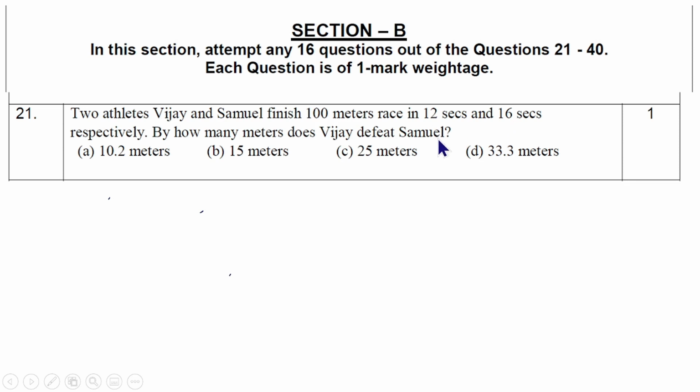So if we are able to find the distance travelled by Samuel during this difference of time, that is 4 seconds, then the answer which we get is the required answer. That will give us the distance by which Vijay has defeated Samuel. So for that, first let us find speed of Samuel and then the distance travelled by Samuel during this additional 4 seconds.